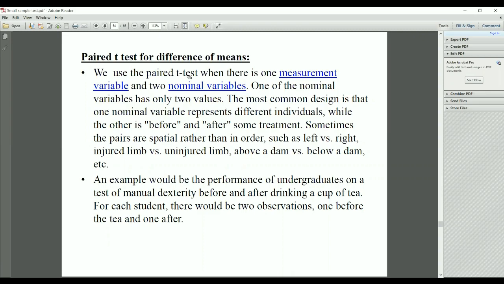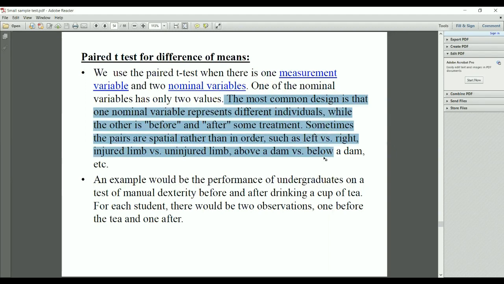So this is the paired t-test for difference of means. We use the paired t-test when there is one measurement variable and two nominal variables. One of the nominal variables has only two values. The most common design is that one nominal variable represents different individuals, while the other is before and after some treatment.